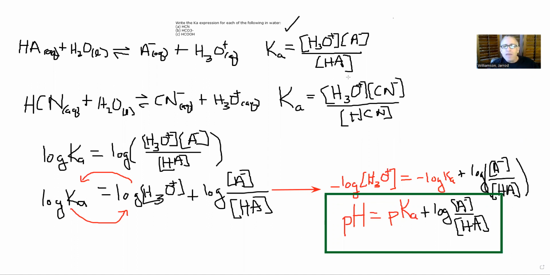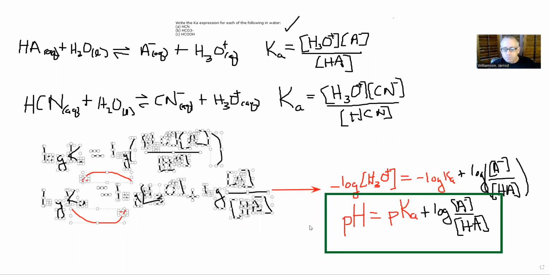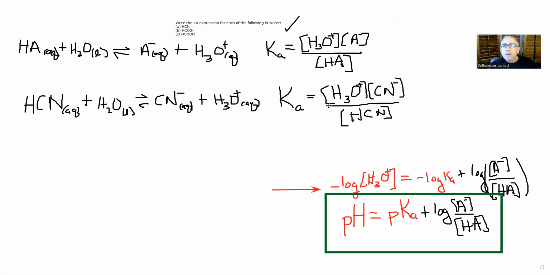So if I were to apply that to this, I'm not going to go through that whole derivation all over again, but if I were to apply that to this, let me erase this jazz. For this equation right here, I would end up getting the pH. Ooh, that's too thick.